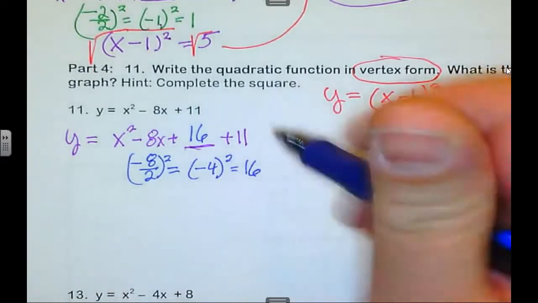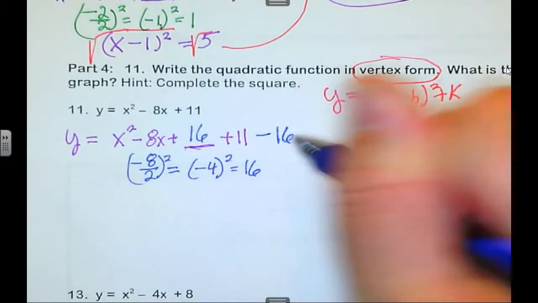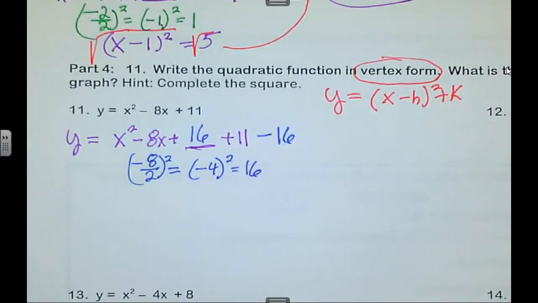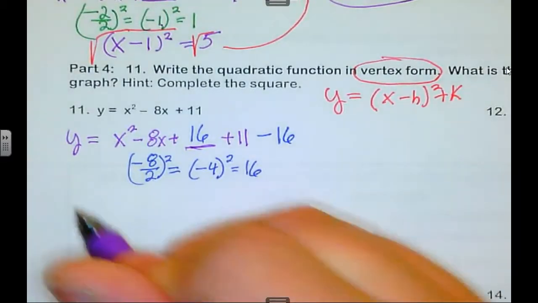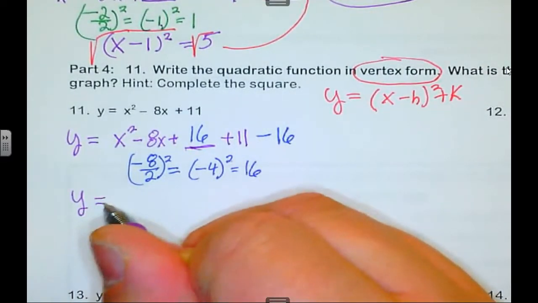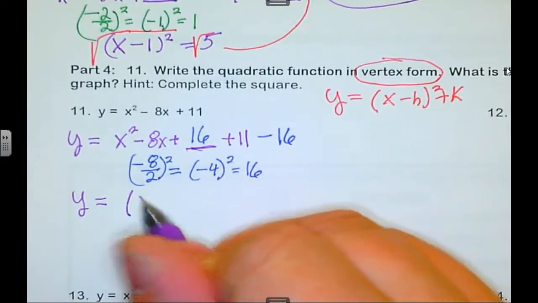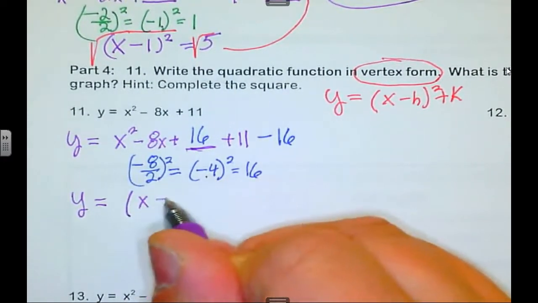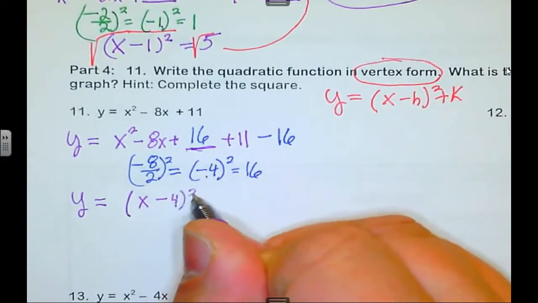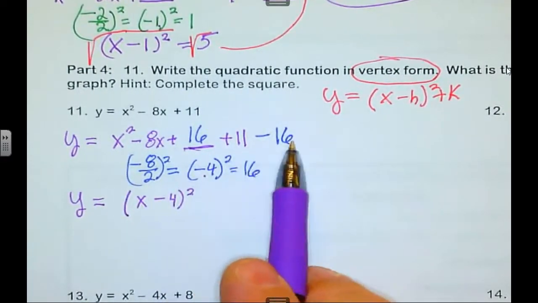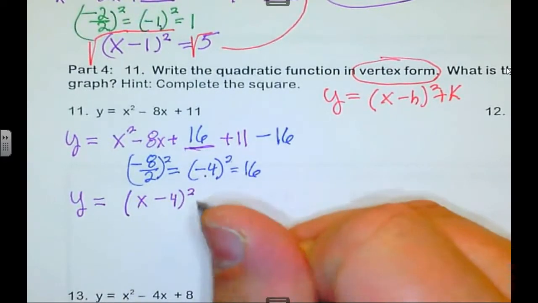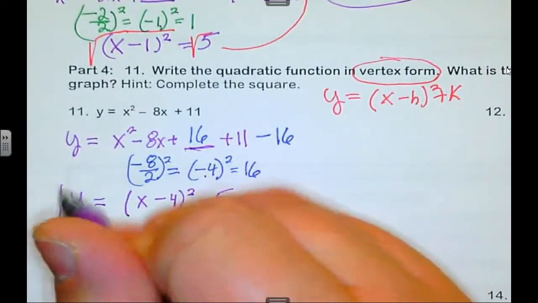Subtract 16. So I'm going to subtract 16 on the same side. So I get y equals my perfect squared binomial, which is x, my base is -4, squared, 11 minus 16, -5. There's my vertex form.